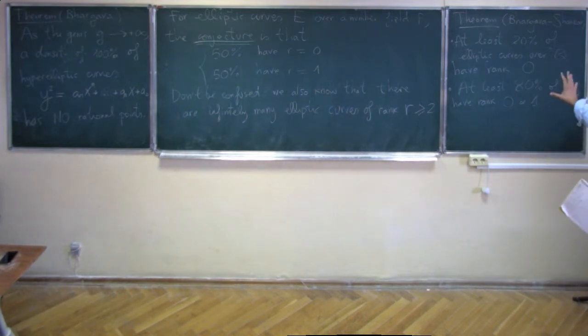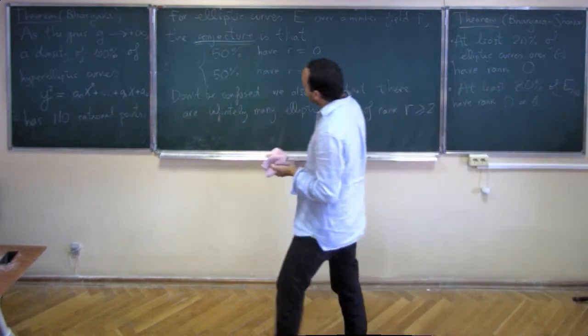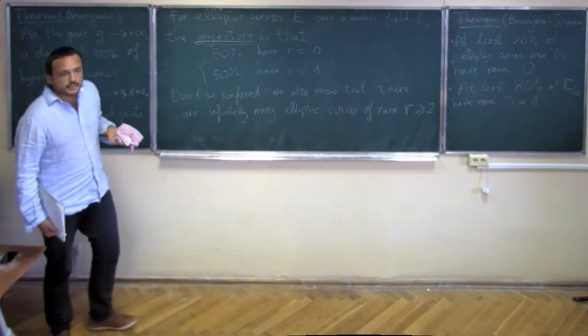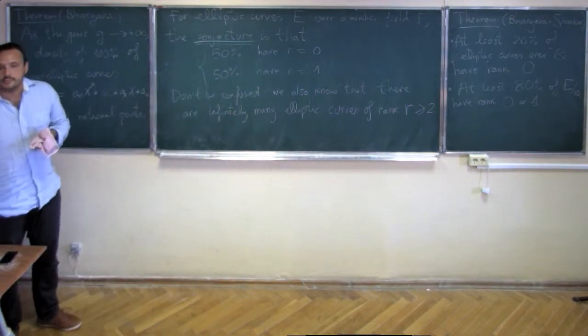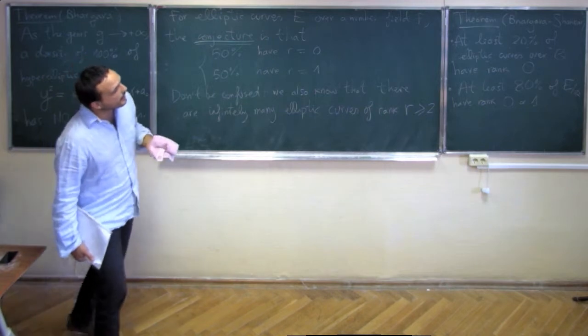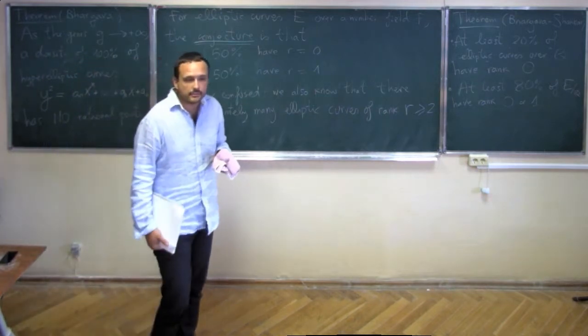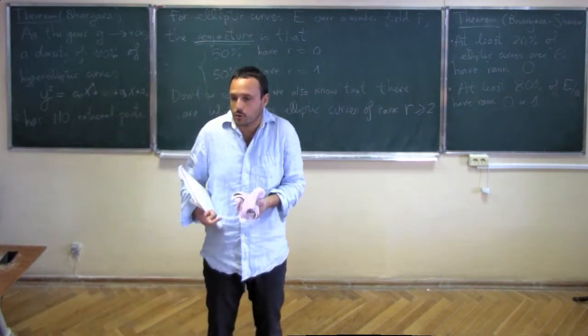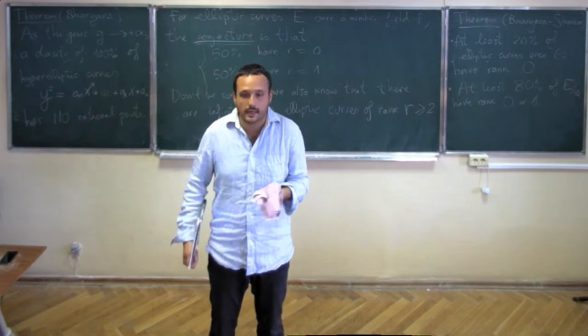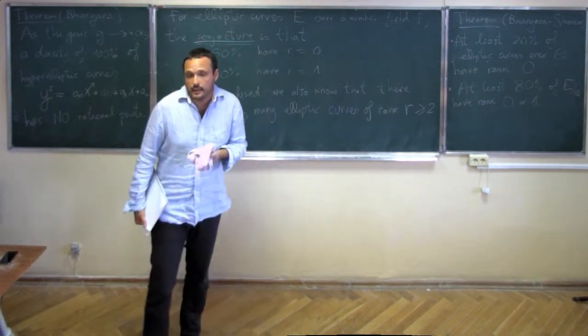This is a much deeper result because it considers not only the twists, but all the family of elliptic curves. Okay, so this is one kind of result, but of course, for a given elliptic curve, we would like to have a more conceptual understanding of what the rank should be, because the rank can be very large.